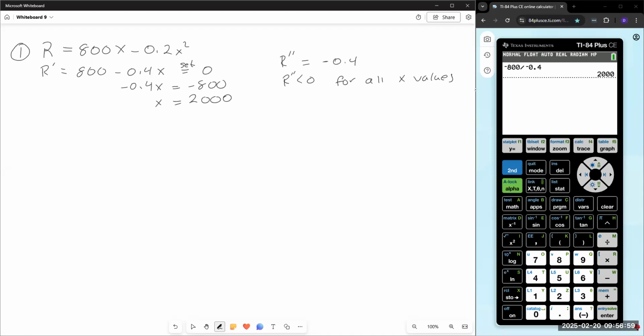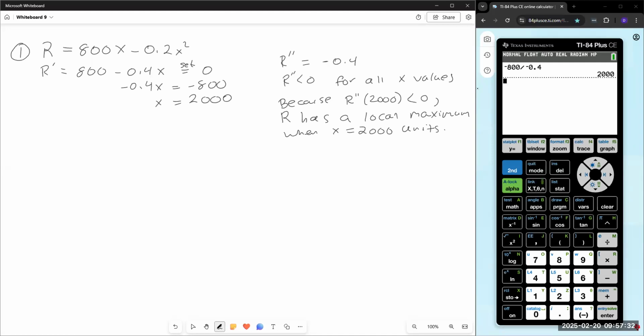And then because R double prime of 2,000 is less than 0, R has a maximum when x is equal to 2,000 units.